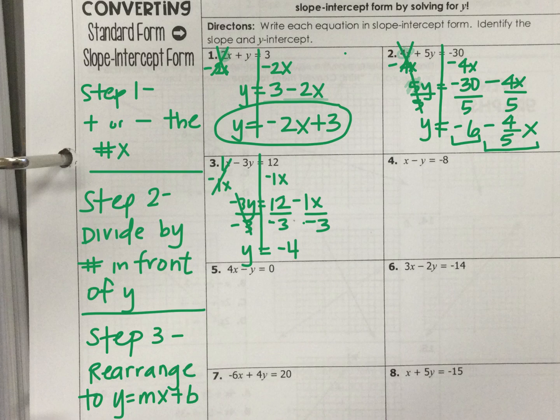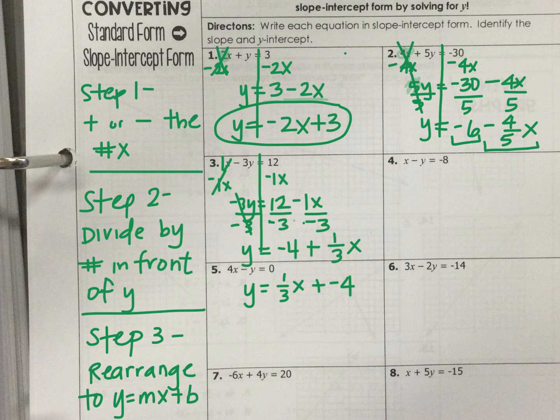If I do -1 over -3 as a fraction, it turns into positive 1/3x. Now I just rearrange. Y equals 1/3x plus -4. Okay?